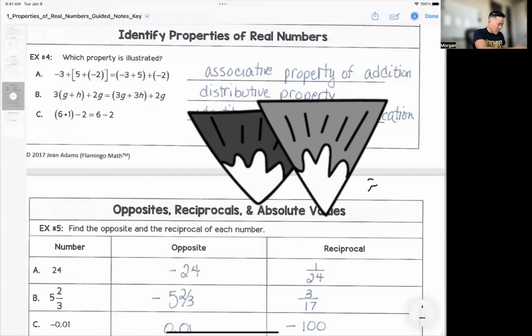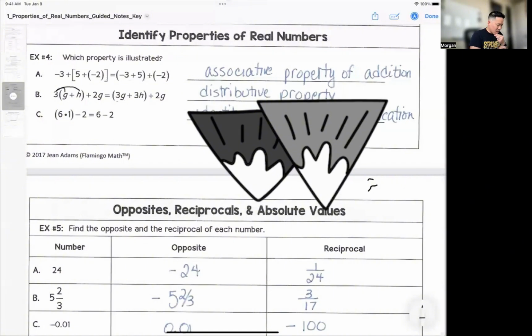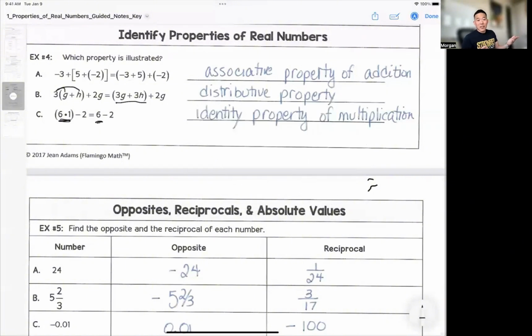So again, if you forgot, we're going to multiply those two guys, and it's going to give us this guy. Last but not least, give yourself a few moments. This one's a little bit tricky. What's changing? It's that guy. So which one is that? Multiplication. It's the identity property of multiplication.